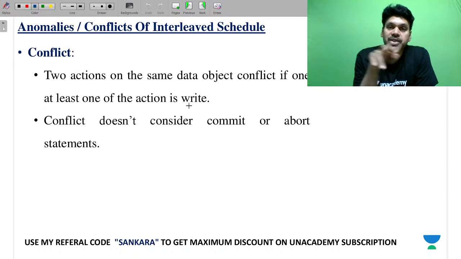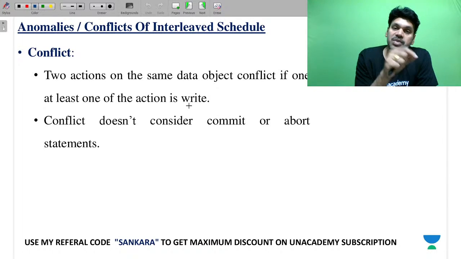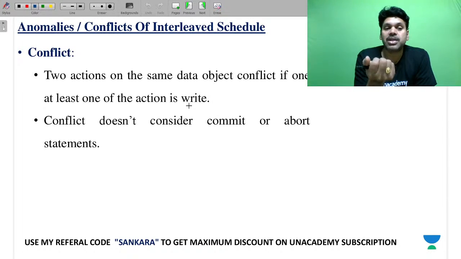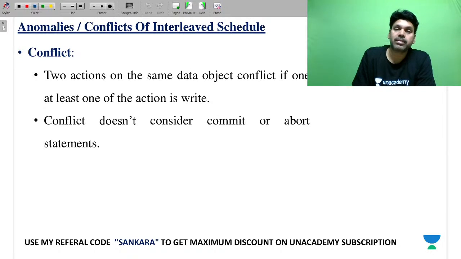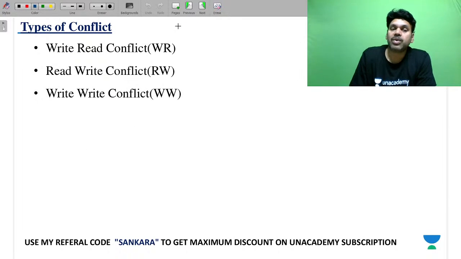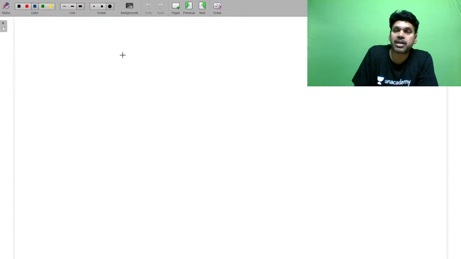So if two transactions are under conflict, in the sense they are fighting for the same object and different transactions, one action must be a write action, which may be in T1 or maybe in T2. Now when you talk about types of conflicts, there are WR, RW and WW. So let us see this particular point.